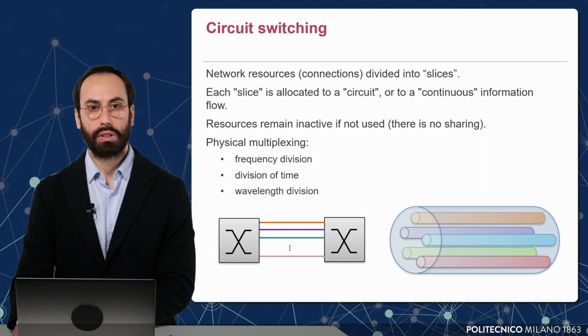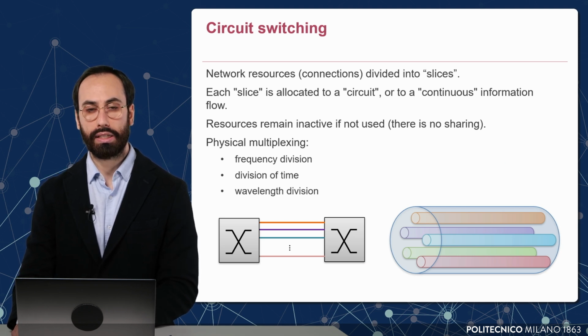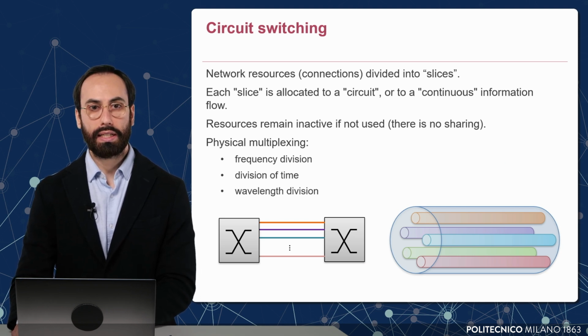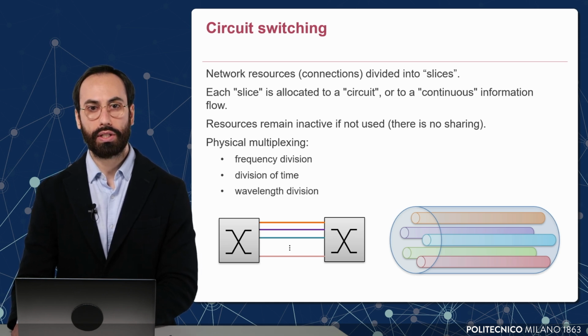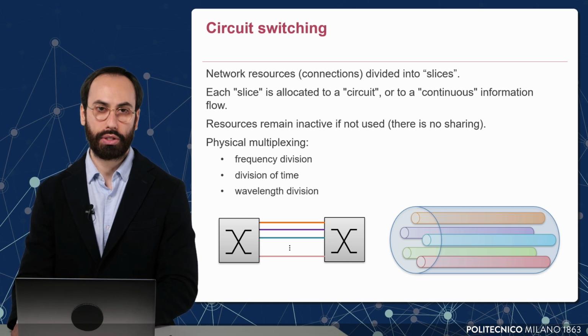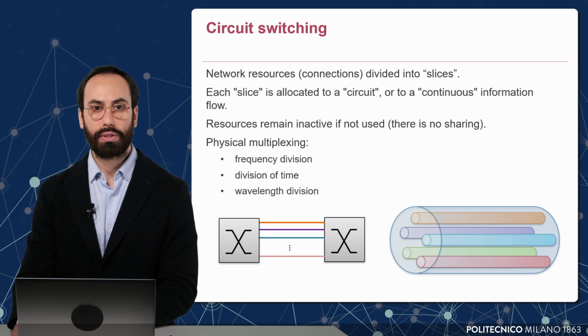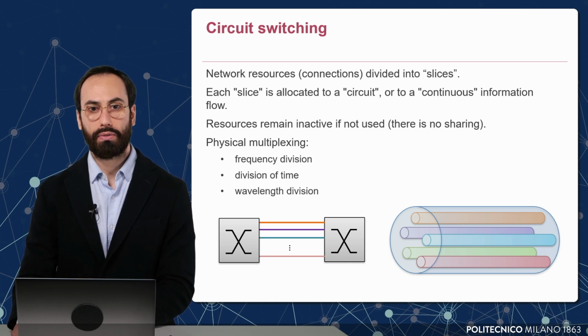If we want to look inside what are the network resources that are involved in circuit switching, we can say that the network resources are divided into slices. Each slice is allocated to a circuit or to a continuous information flow. These resources remain inactive if not used.